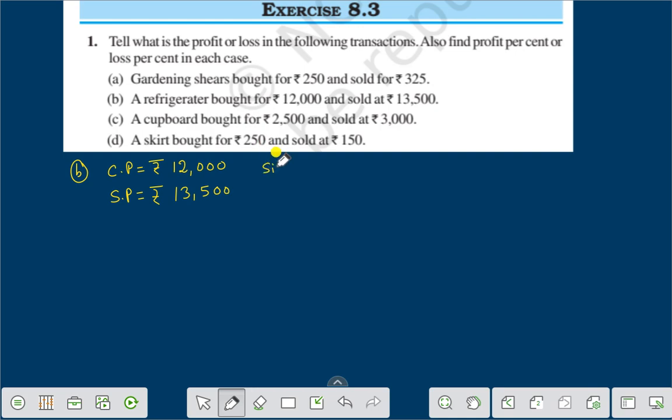Since selling price is greater than cost price, therefore there is a profit. The profit is equal to selling price minus cost price. What is the selling price? Selling price is rupees 13,500 minus 12,000.